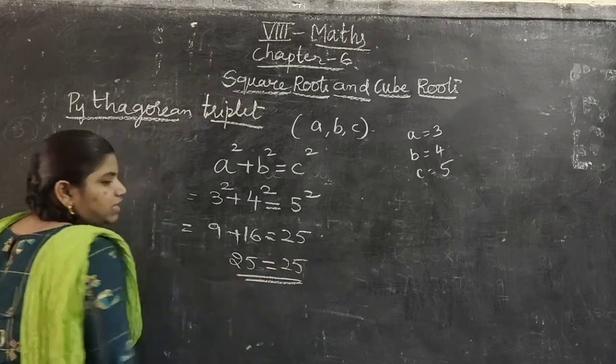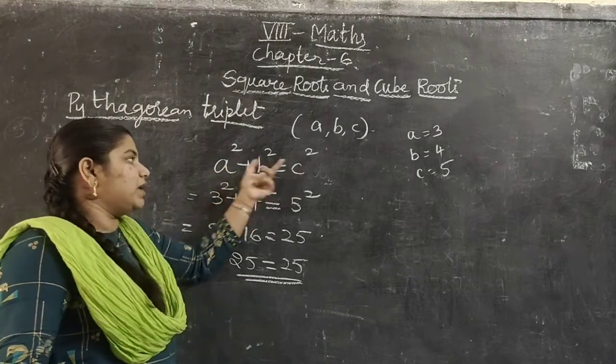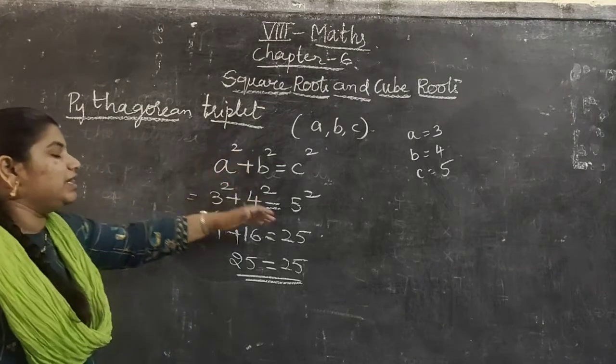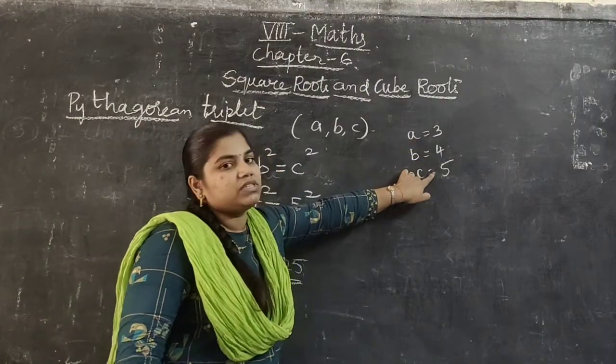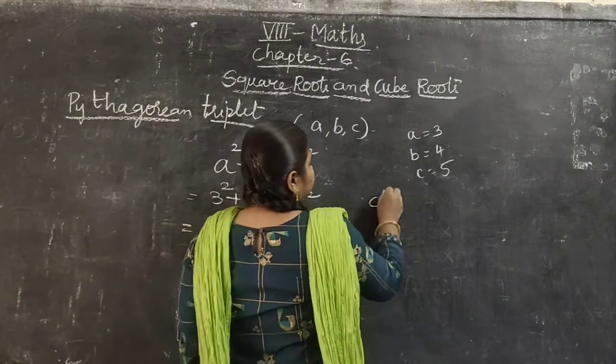So LHS is equal to RHS. Whenever LHS and RHS are equal, we can say that 3, 4, 5 is a Pythagorean triplet. You can take one more example.